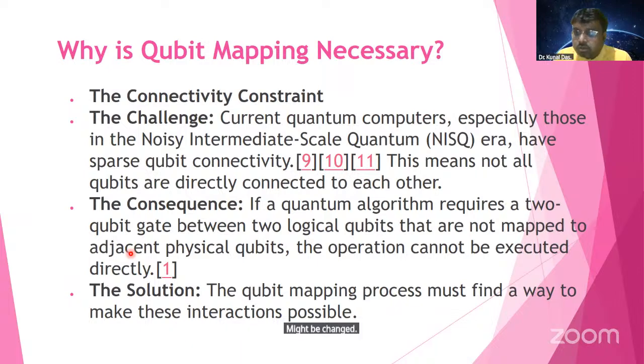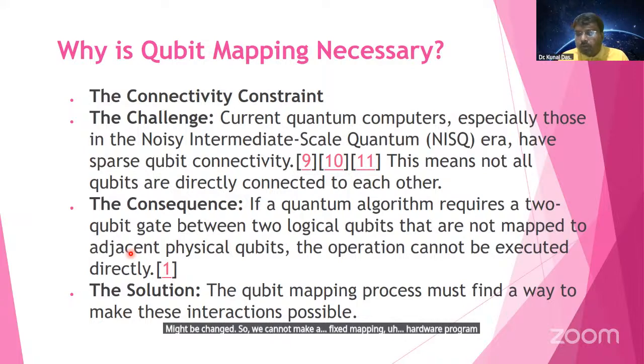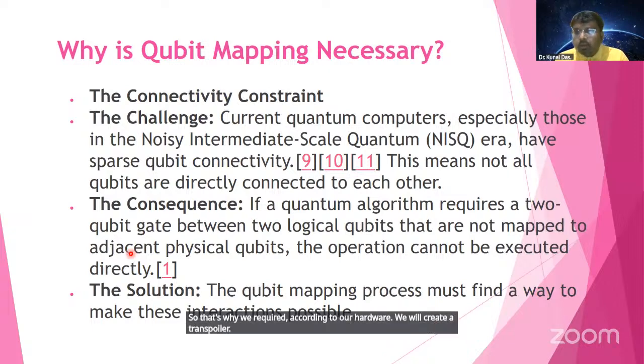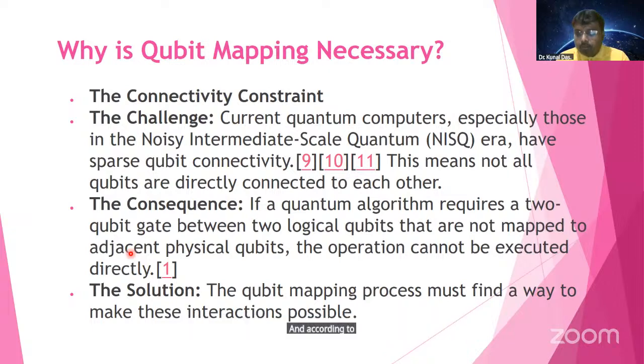So we cannot make a fixed-mapping hardware program. That's why, according to our hardware, we will create a transpiler, and according to the transpiler, it will generate a physical program code, which will make an embedding with the hardware or quantum chip.